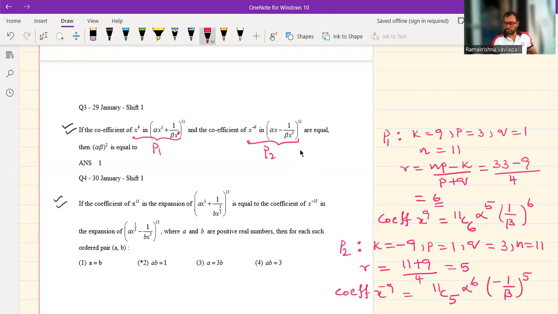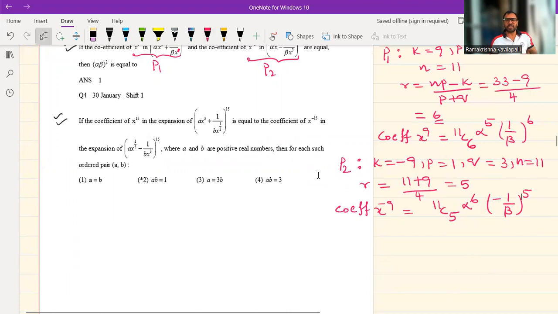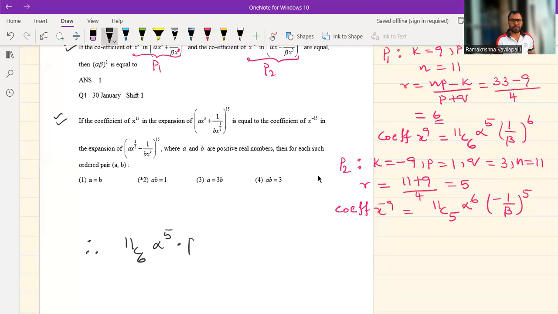Given that these two coefficients are equal, we have to equate both the coefficients. 11C6 alpha power 5 beta power minus 6 equals 11C5 alpha power 6.